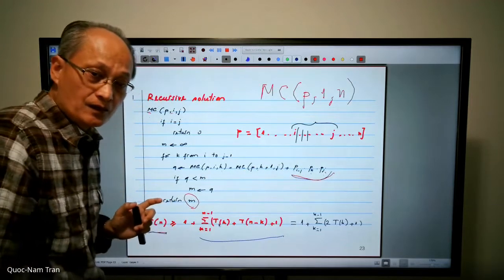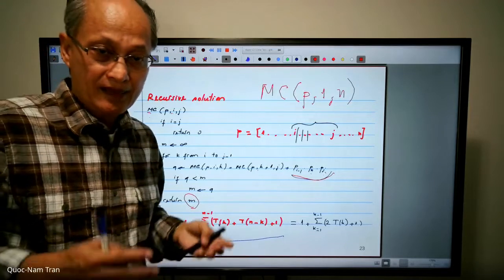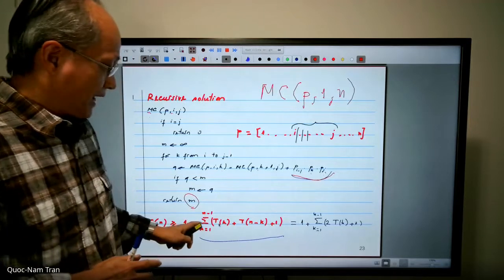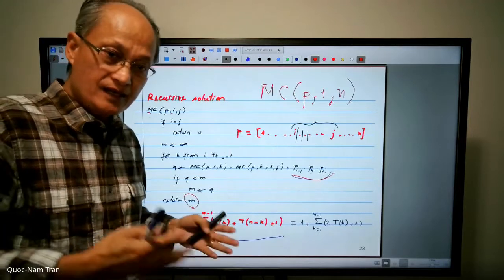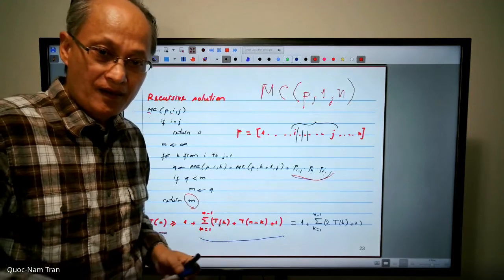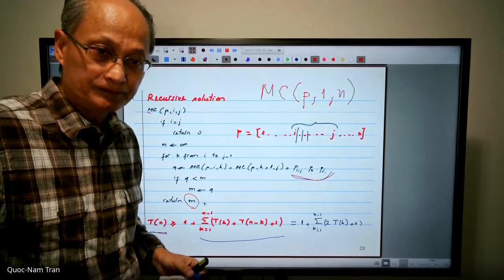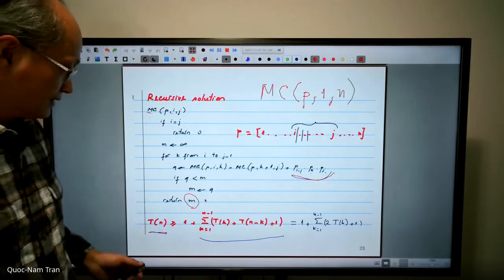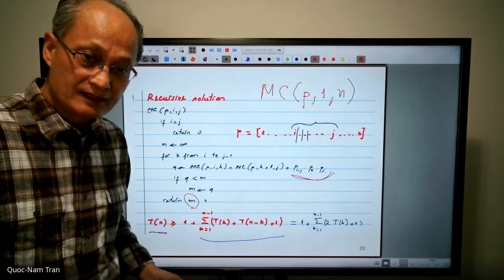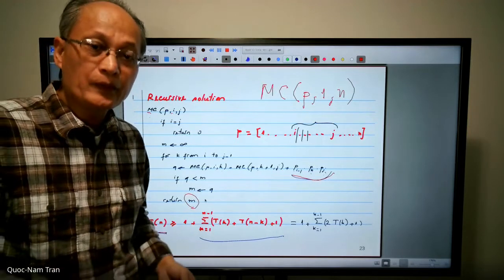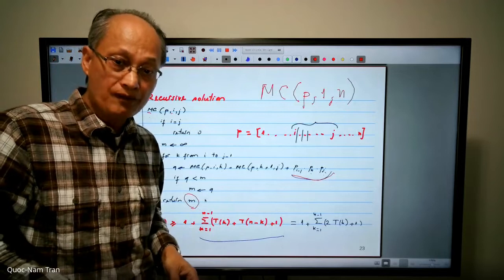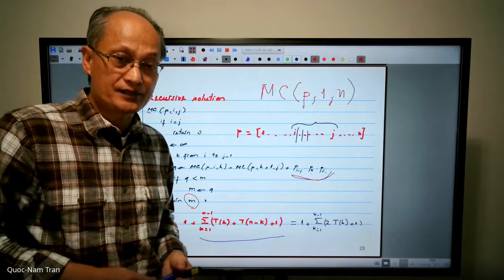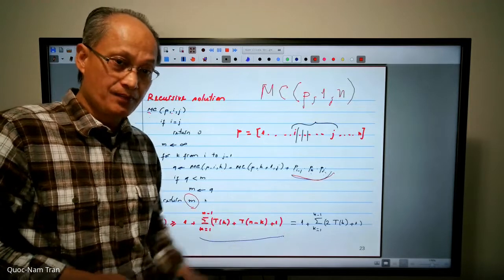It's similar to something we already learned how to analyze before. Where did we have it? Yes, when we calculated the average cost of quicksort. Very good, so we will use that result for the same purpose here.